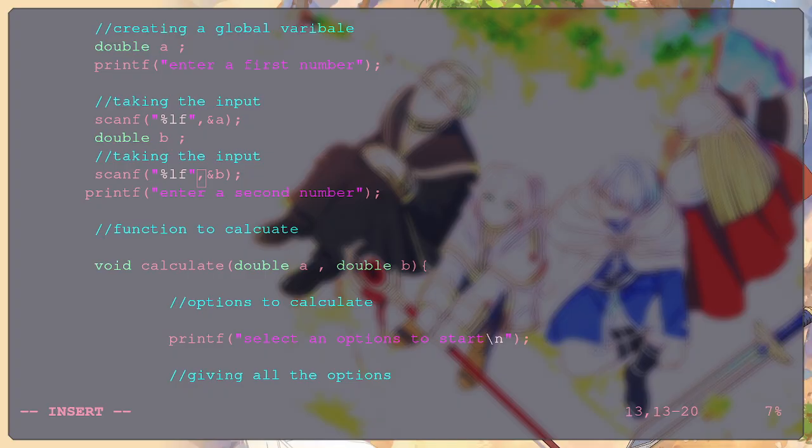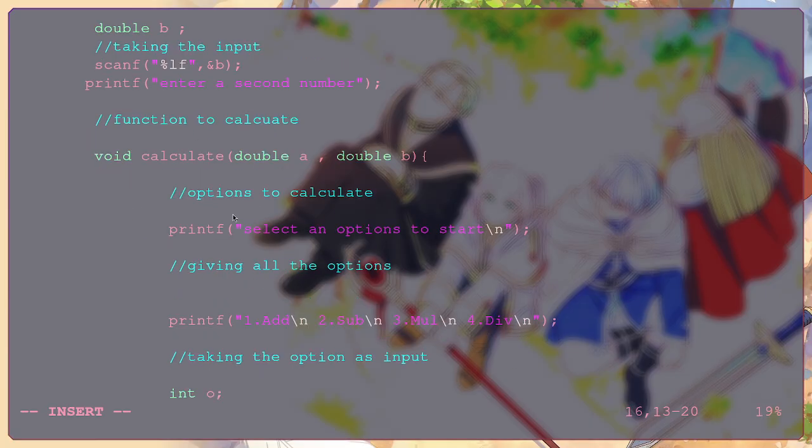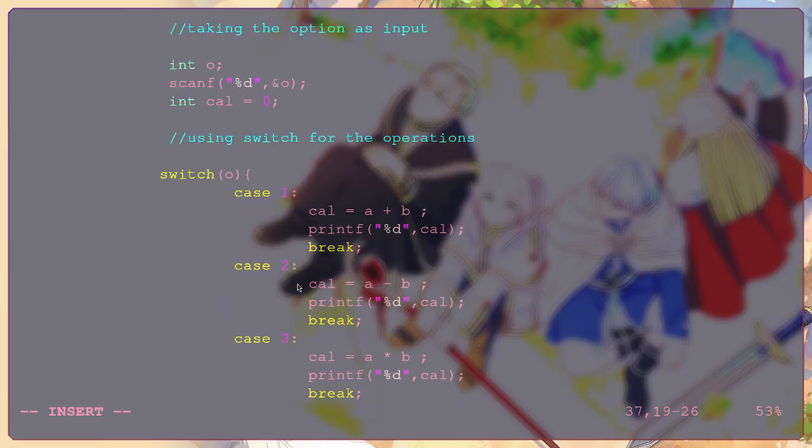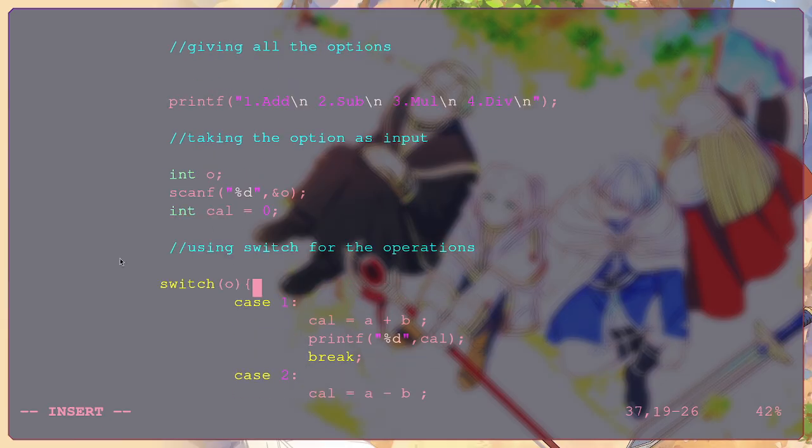Nested function definition: calculate inside the main. Standard C doesn't allow nested function definitions; GCC allows it as a non-standard extension. It should be defined outside, before main, and ideally declare a prototype above main. Wrong format specifier: o is declared as int but you are reading it with the wrong specifier. O is %d, I guess.